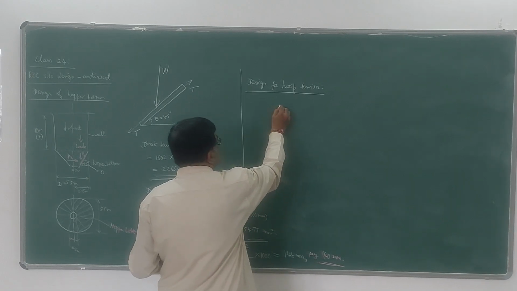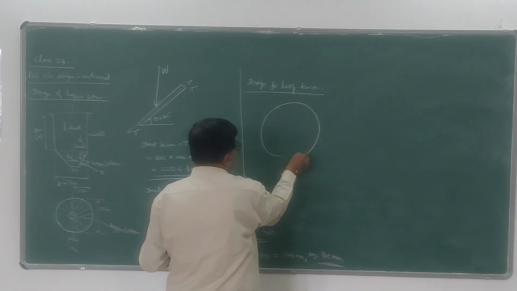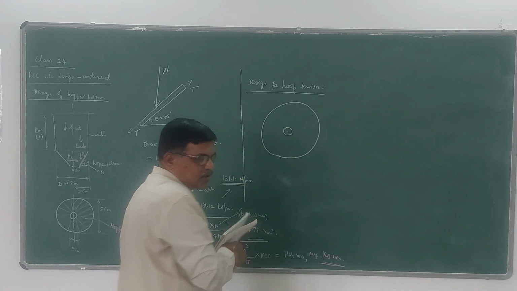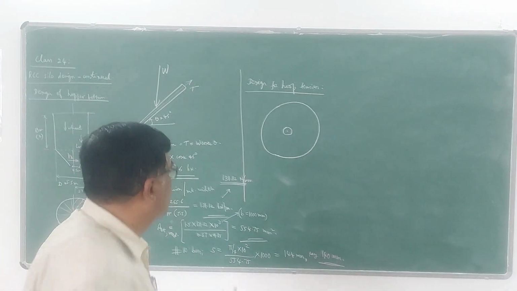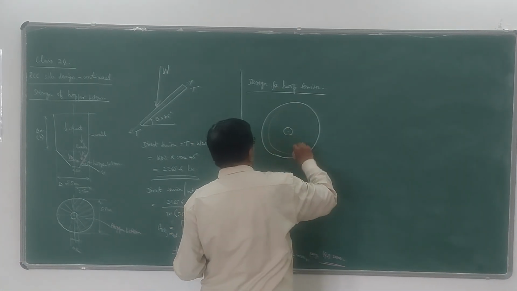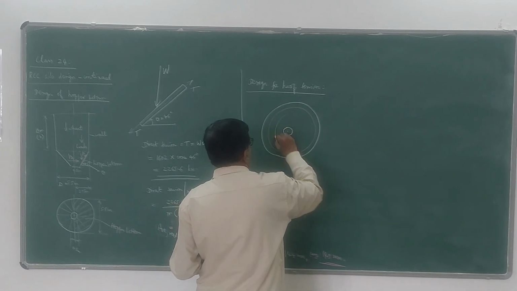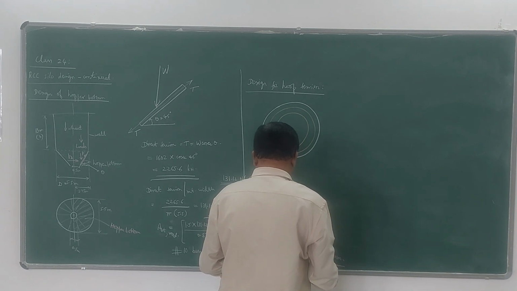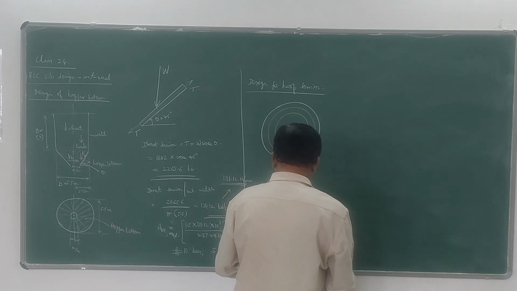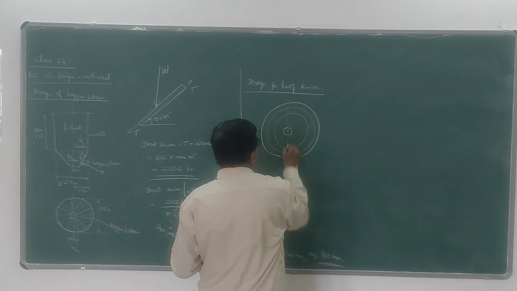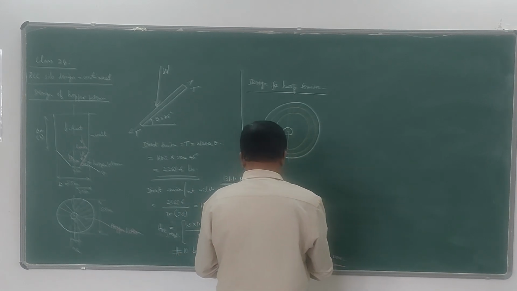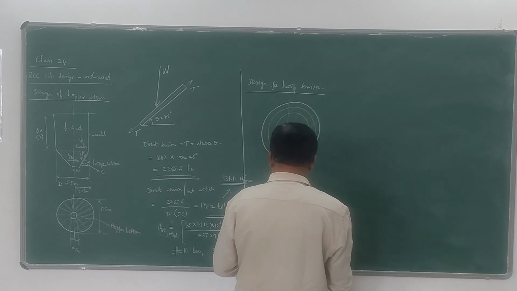So that reinforcement is provided like this. This is the hopper bottom portion, and this is the opening. Your hoop tension reinforcement will be provided like this. Now how to do that? Since we are designing for only half portion of the hopper bottom, I will take the mid height of the conical bottom.